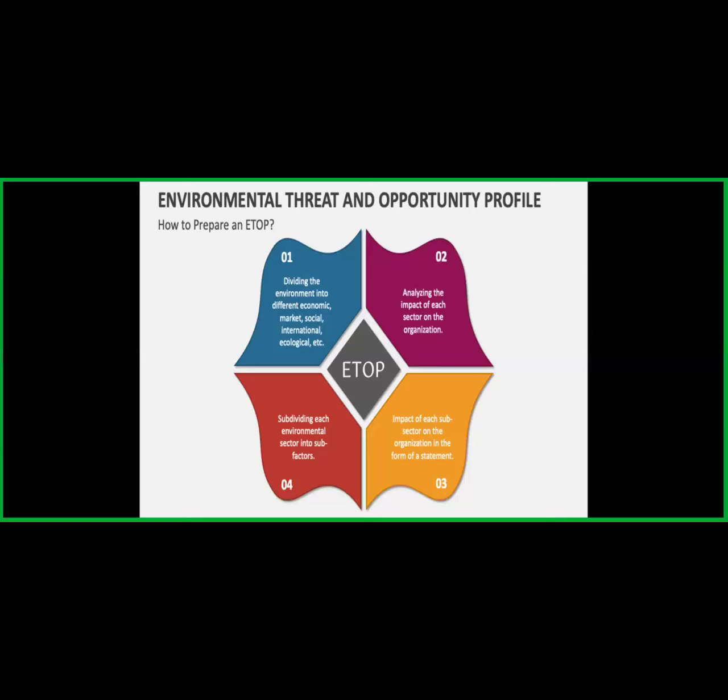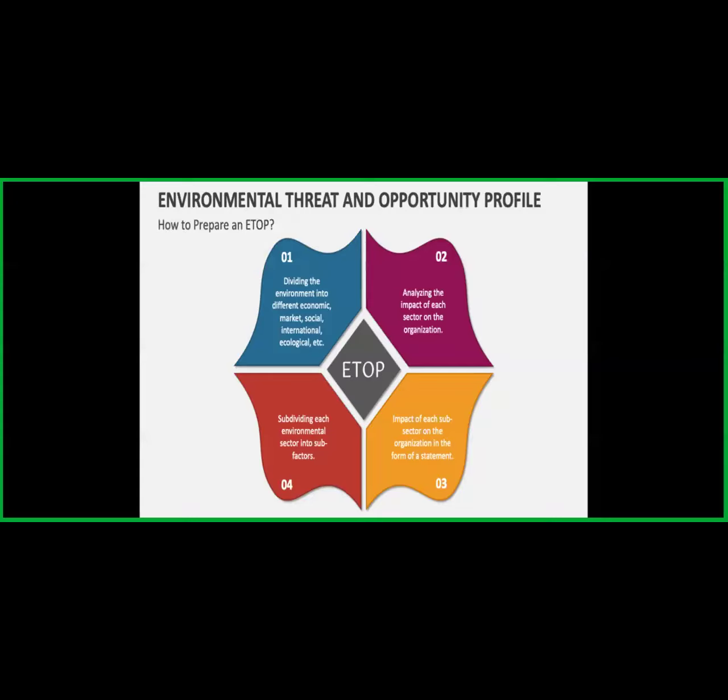Then subdividing each environmental sector into sub-sectors. For example, if the organization is studying what the impact of technology will be on the growth of our organization, then they are not studying technology as a whole, but they are going to do a dissection of technology.